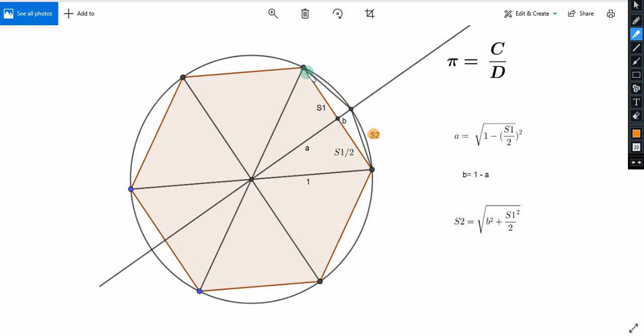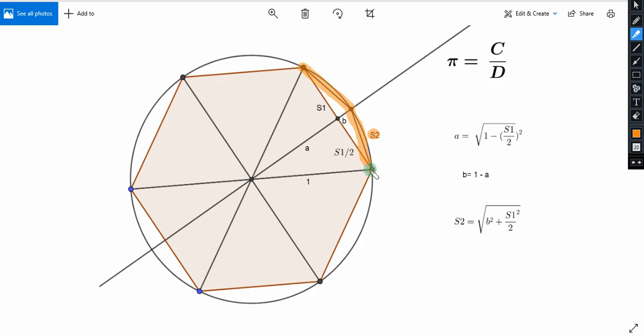You can see this one side, the 6-sided polygon, becomes double, 2 sides here, 1, 2. So the new side of the polygon is S2.